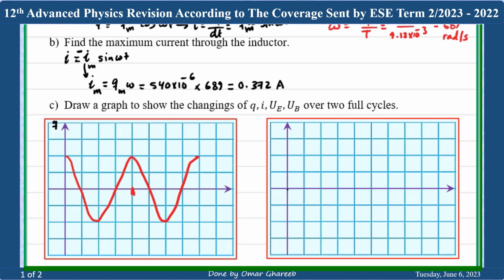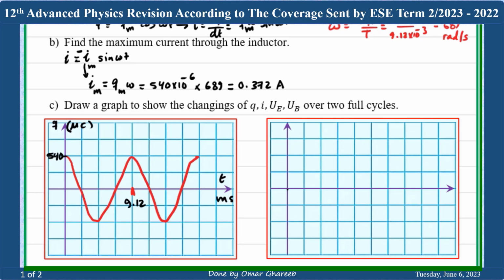It is 9.12 milliseconds. This is the time axis. And the Q maximum is 540 microcoulomb. This is the function of the charge.